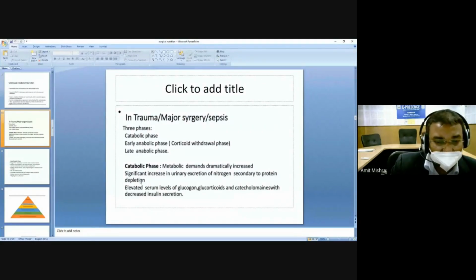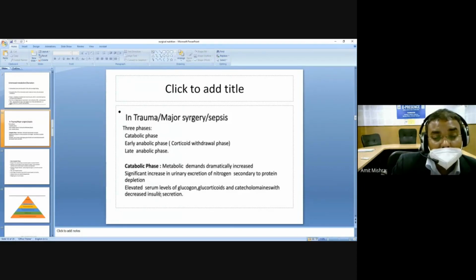So in the early catabolic phase there are increased metabolic demands, and the urinary excretion of nitrogen significantly increases secondary to protein depletion. There are also elevated serum levels of glucagon, glucocorticoids, and catecholamines, with decreased insulin secretion.